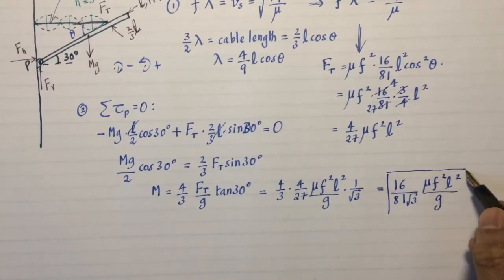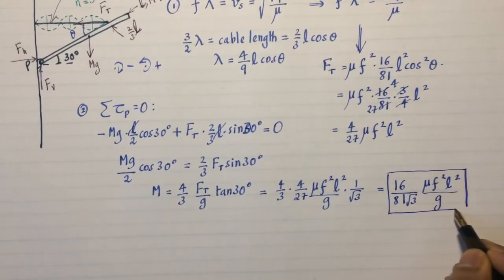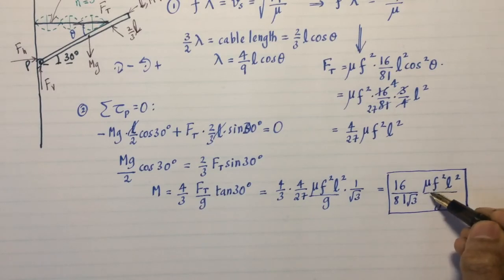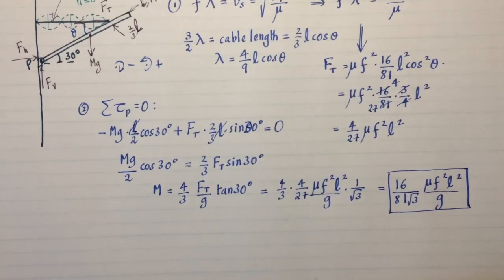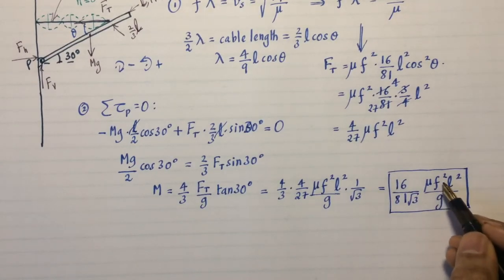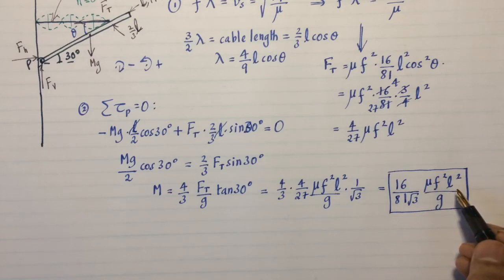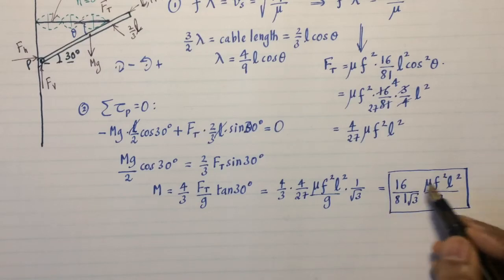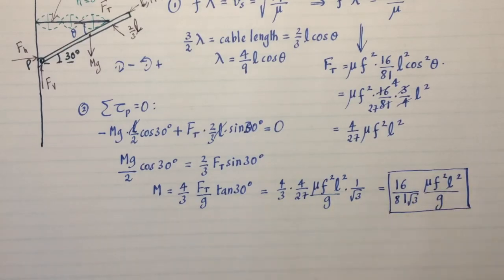Just by using your cell phone app, and assuming the cable is standard flagpole cable, so you can look up its mu online, and then this F is what you measure in your app, L is either what you estimate by looking at the flagpole, or someone tells you these flagpoles are 15 feet long or something, and g is 9.8. So from that you can simply get the mass of the flagpole without ever taking it off the hinge and putting it on a scale.